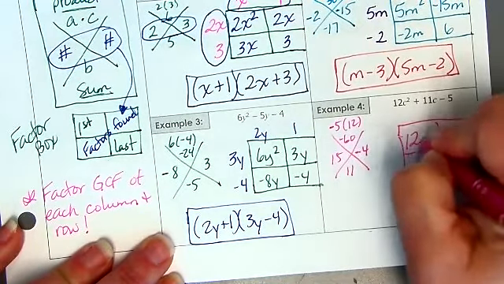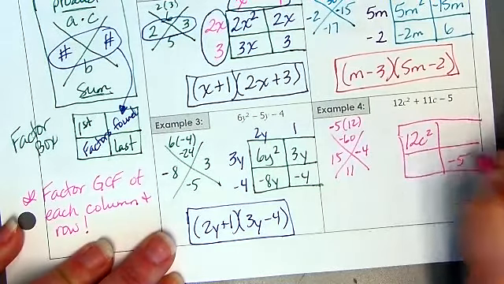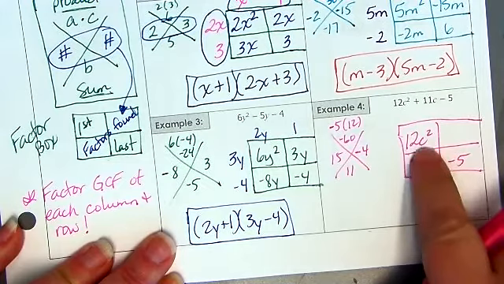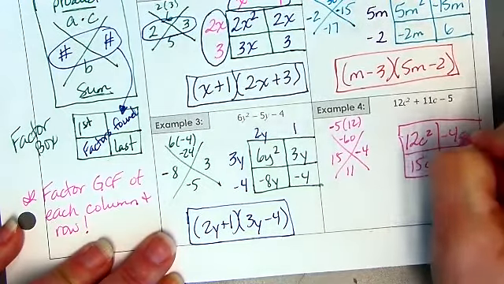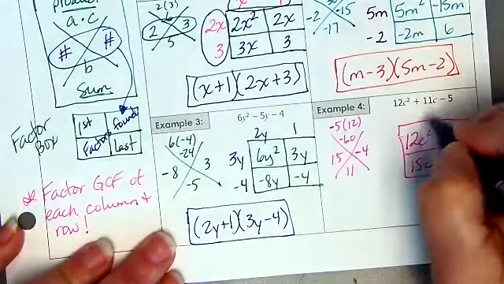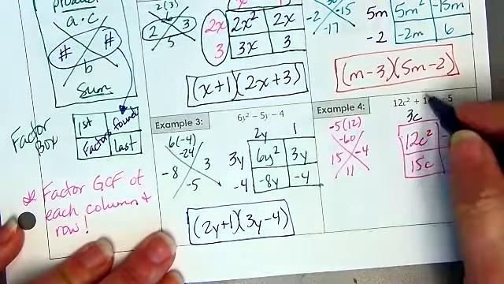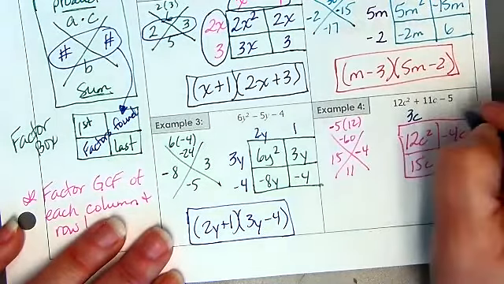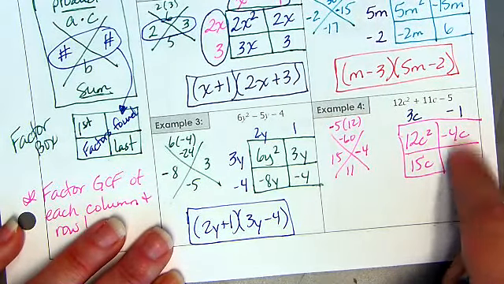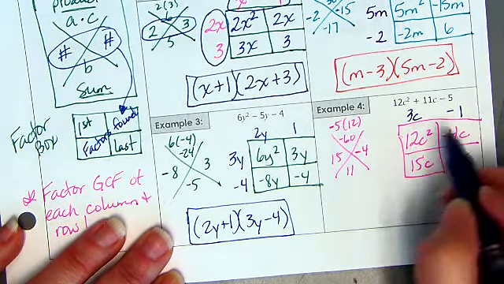Okay, so I have 12c squared, -5, 15c. And notice these two terms take on the variable, -4c. And now we factor. So I have 3c for the left side, -1, because both of these are negative, but I can't factor anything else out, so it's just a -1.